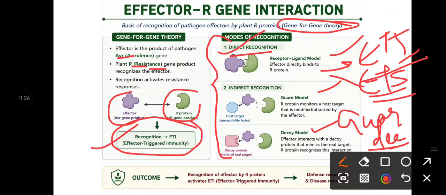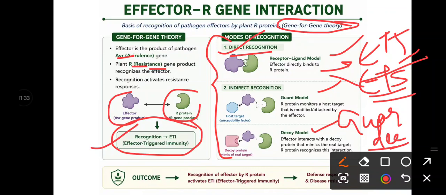This guardee protein interacts with the effector protein, and their interaction results in some modification in the guardee protein, which is recognized by the R gene, and ultimately it is decided whether the defense will be activated or the plant will become diseased or susceptible.